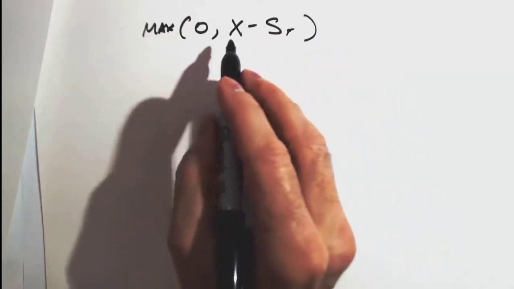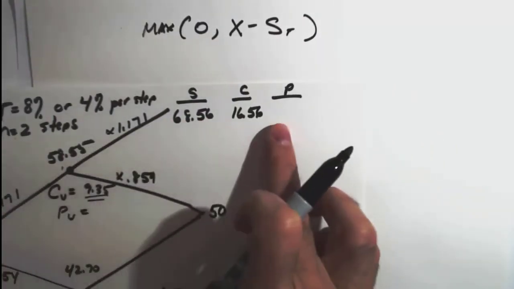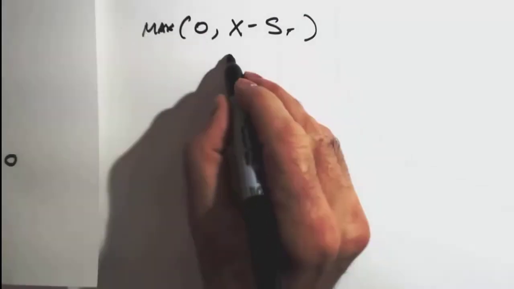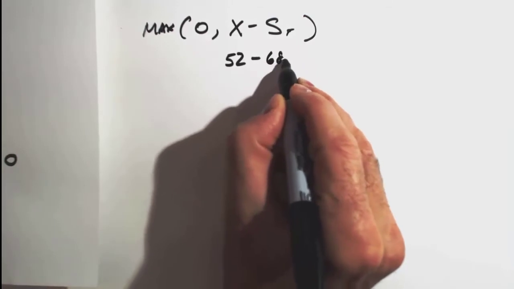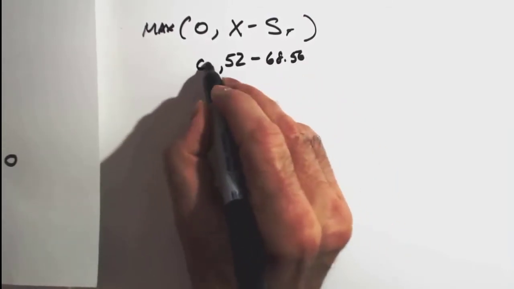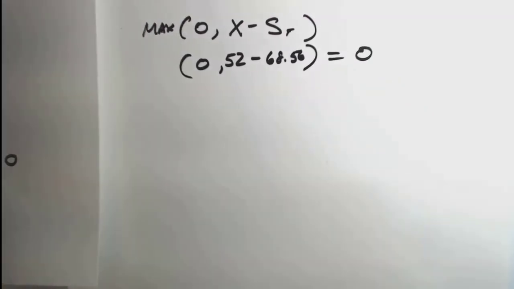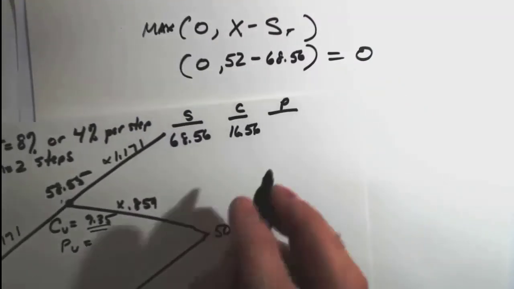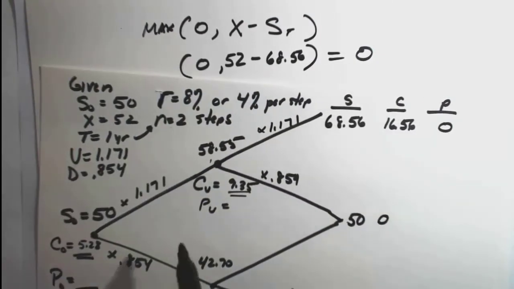So in this case, when the stock goes up and it goes up again, this is going to be 52 minus 68.56 versus 0. So the maximum, or the intrinsic value of this option, is 0, which makes sense because when stocks go up, puts tend to lose value.